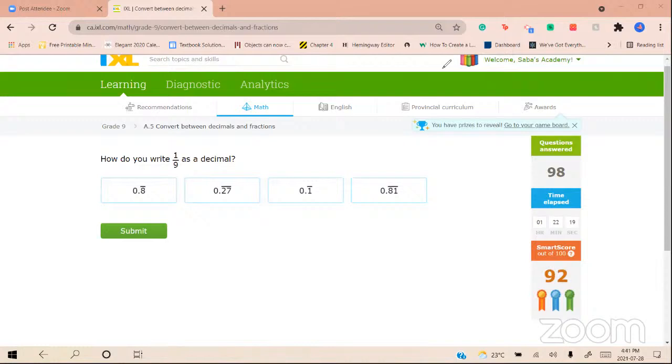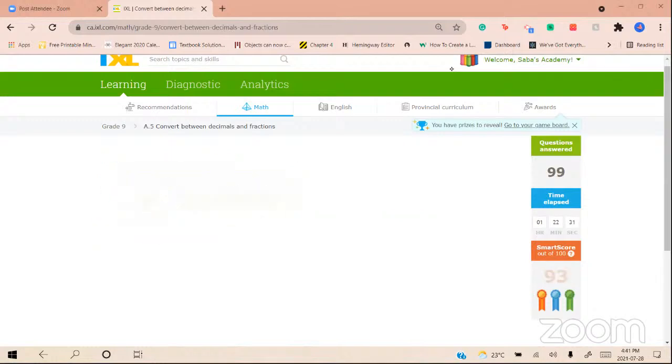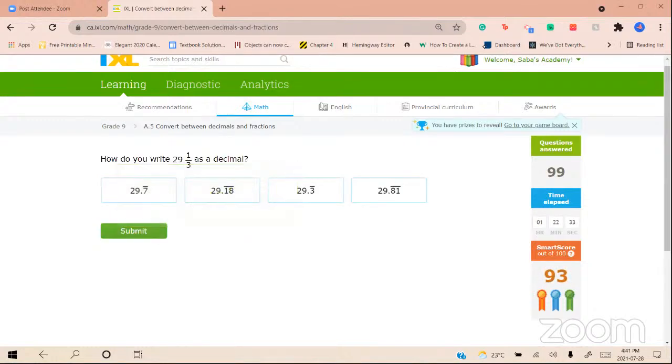Okay, how would you write 1 over 9 as a decimal? As the second one. Try the third one. Yes. Okay, very good. How would you write 29 and 1 over 3 as a decimal?